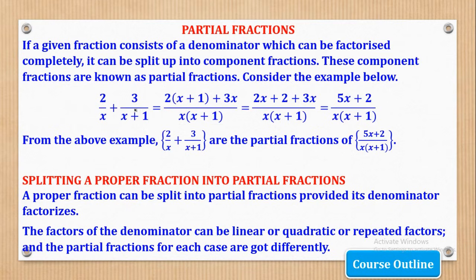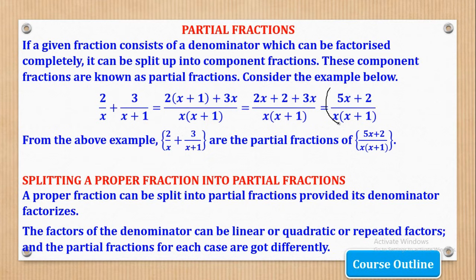What about the other part? Remember there is a plus here, so you maintain the plus. Then still you say this LCM divided by this, this and this cancel, you remain with x. So x times 3 gives you 3x, which is this part. Then when I open brackets for the numerator and simplify like terms, I'll come up with this.